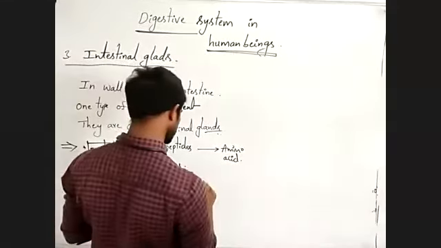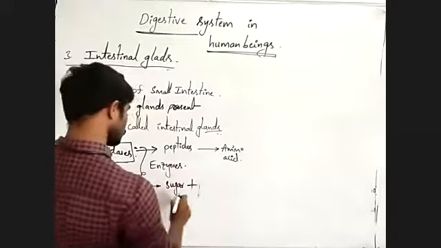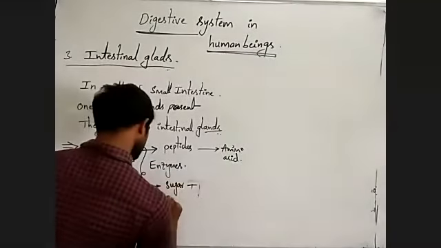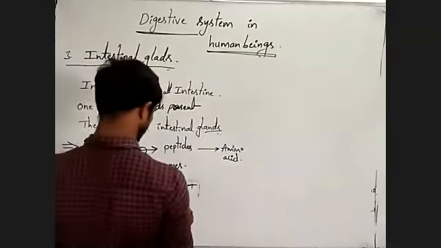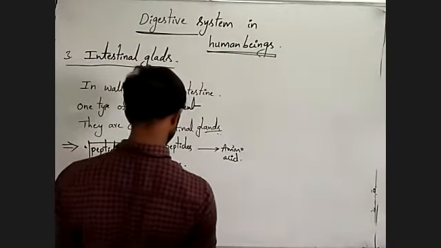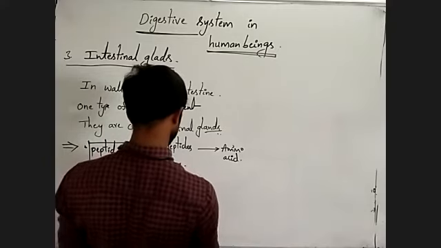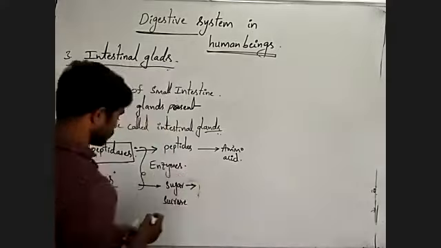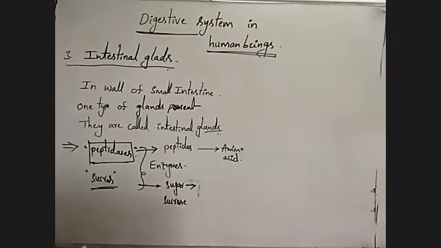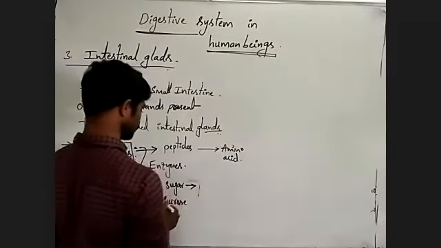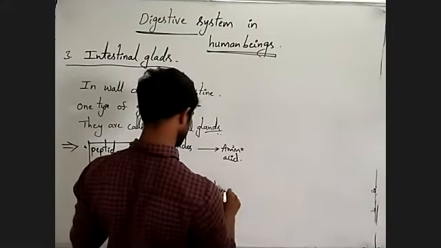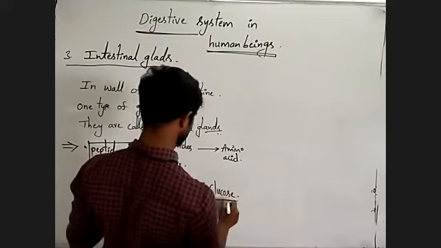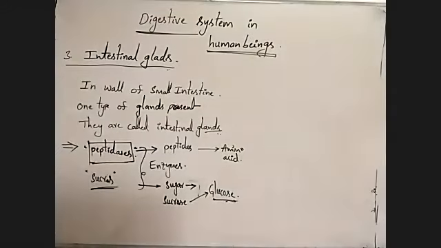One type of sugar, sucrose, is converted by sucrase into glucose. Okay, observe one and all.